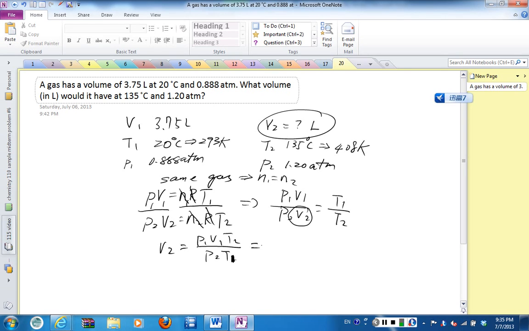Alright, so once we've got the setup, now it's plug and chug. Throw things in there. P1 is 0.888 atmosphere. V1 is 3.75 liters. T2 is 408 K. P2 is 1.20 atmosphere, and T1 is 293 Kelvin.